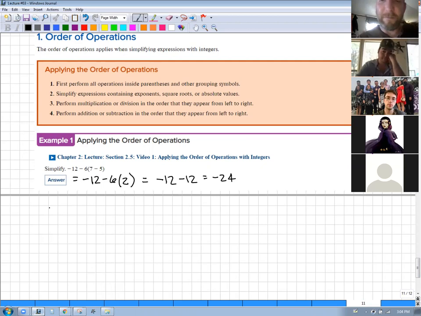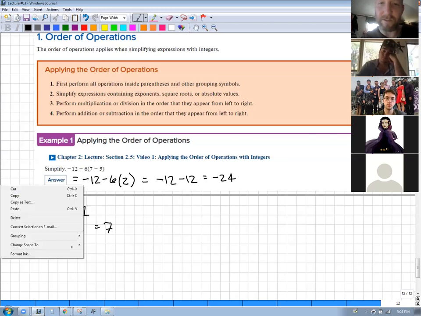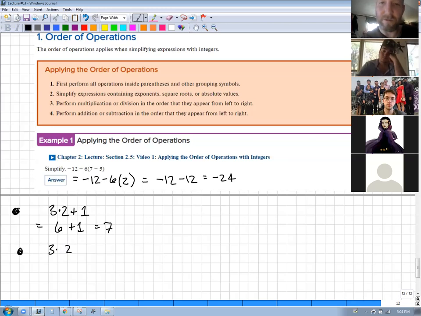So if I say 3 times 2 plus 1, all right, I have to do the multiplication first and then the addition, okay? So here's one example. Another example, if I have 3 times the quantity 2 plus 1.